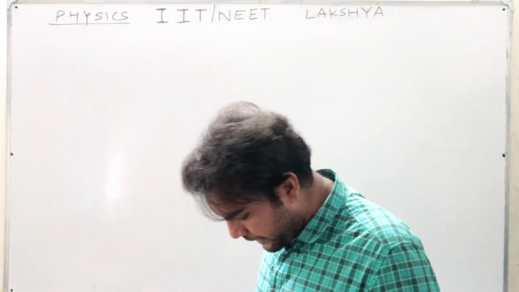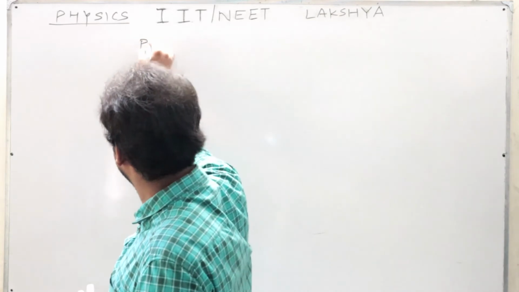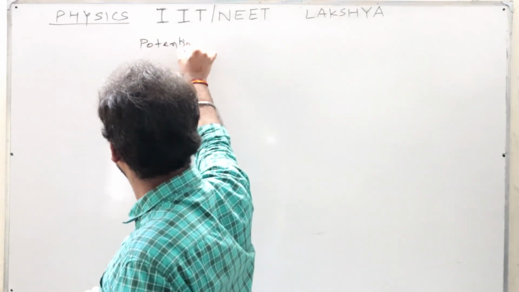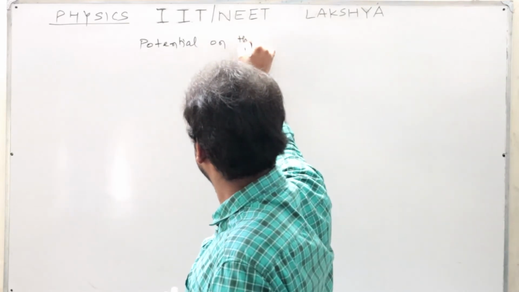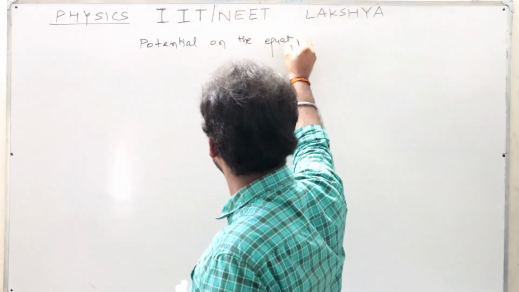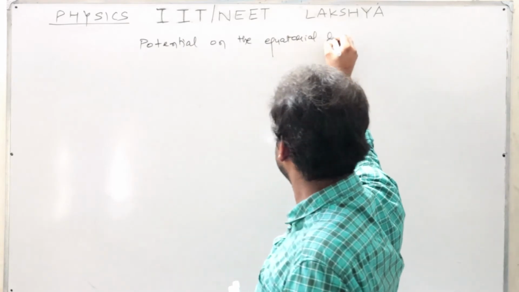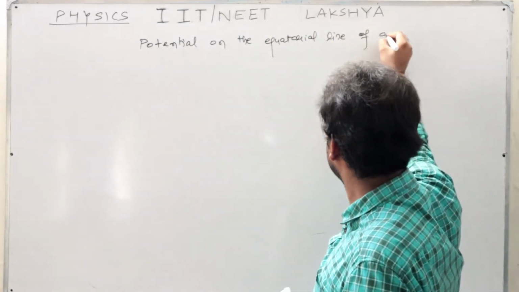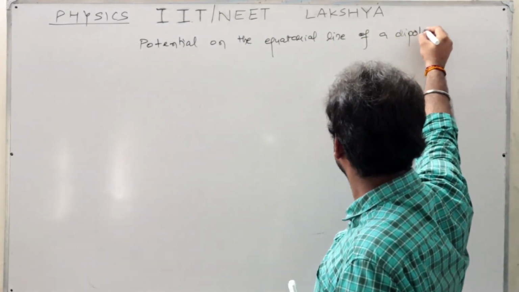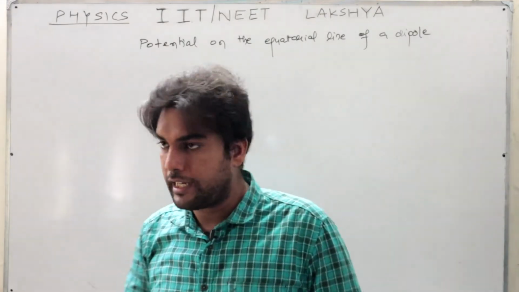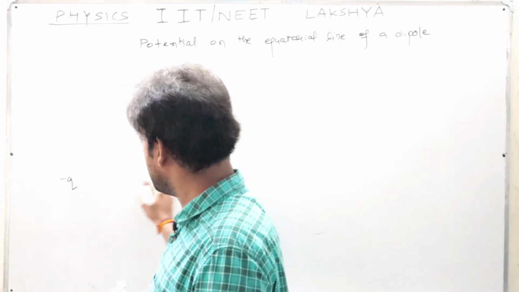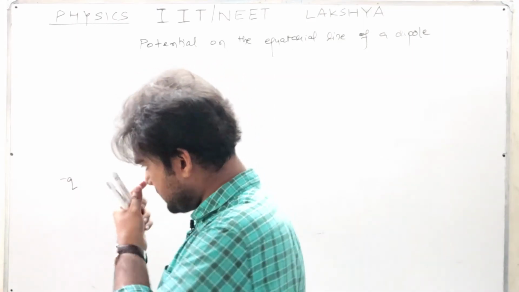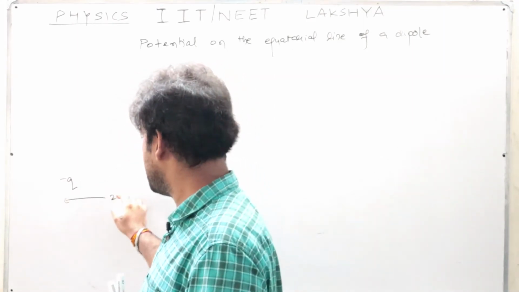So let us move to the next concept, which is potential on the equatorial position, or you can say the equatorial line of a dipole. So observe here, let us say this is your dipole, minus q, plus q, separated by a small distance 2L.